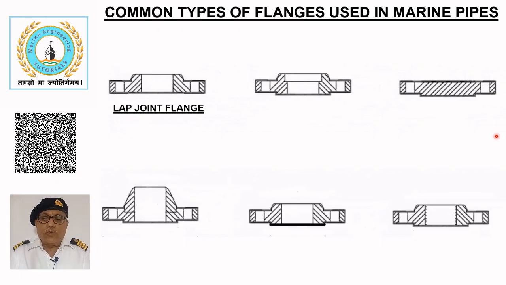This type is used in systems that require frequent assembly and disassembly, or where precise alignment is crucial, such as in cargo and deck crane applications. It is cost effective for expensive alloy pipes and facilitates easier alignment.